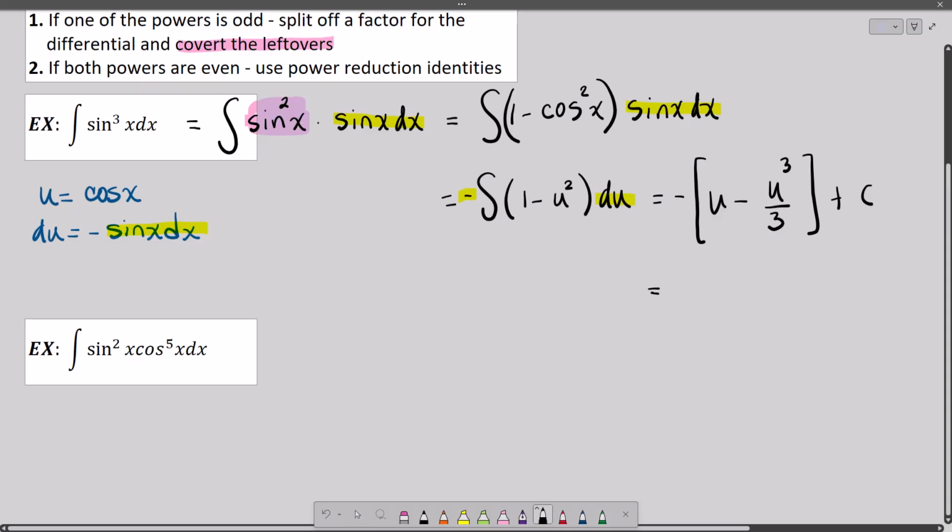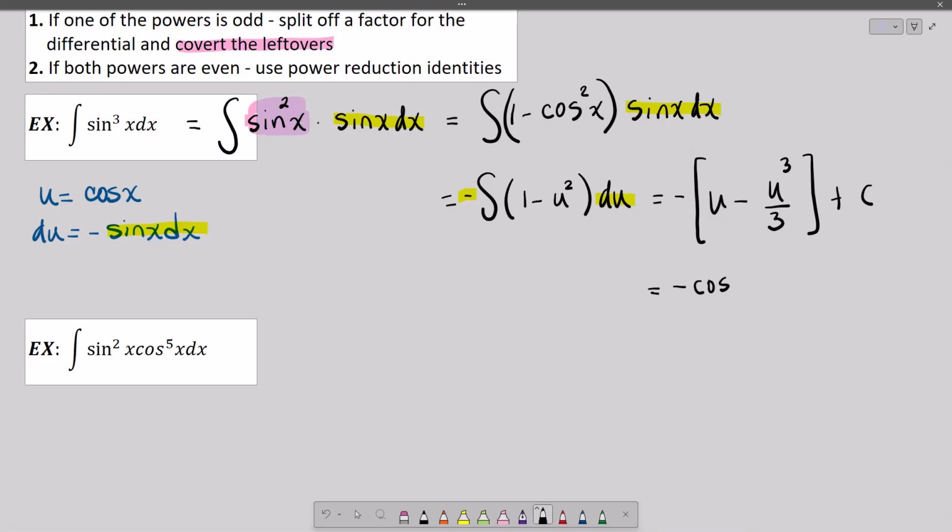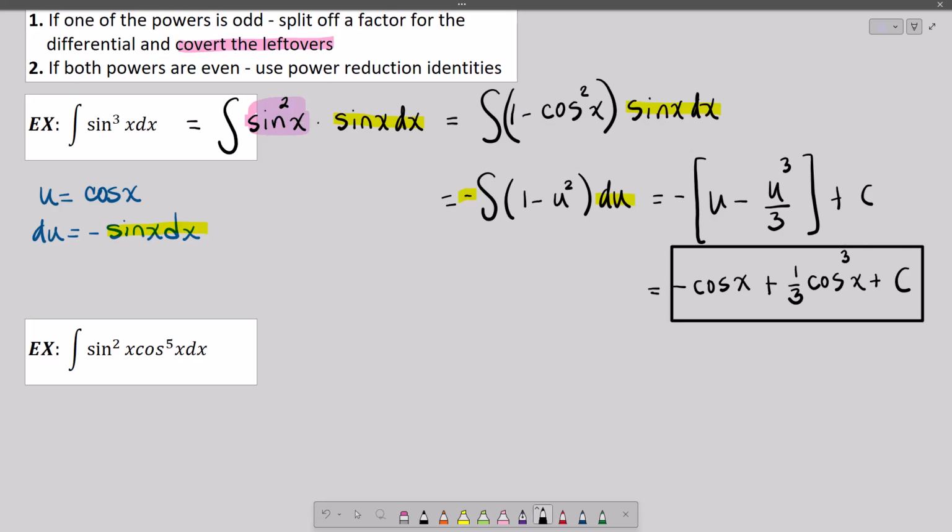U is cosine, so we're going to get minus cosine x plus 1/3 cosine cubed of x plus c. So odd power, pull one off, convert the leftovers to the co-function. Sine and cosine are co-functions of each other.